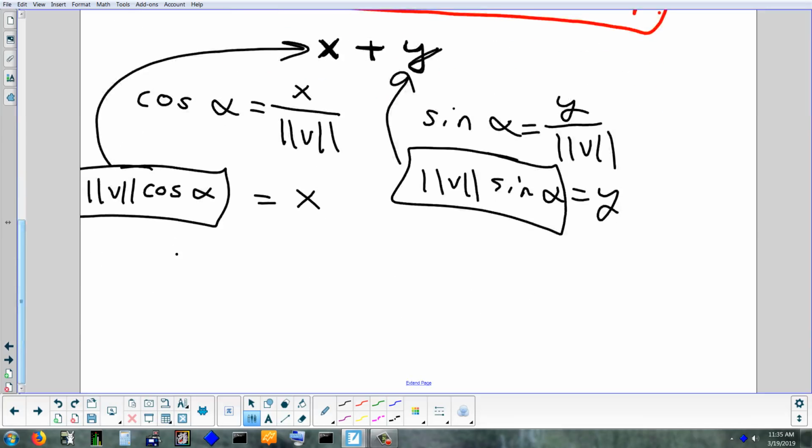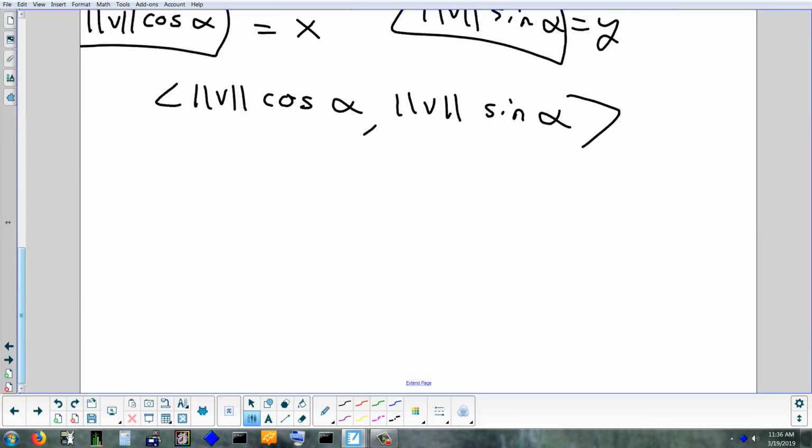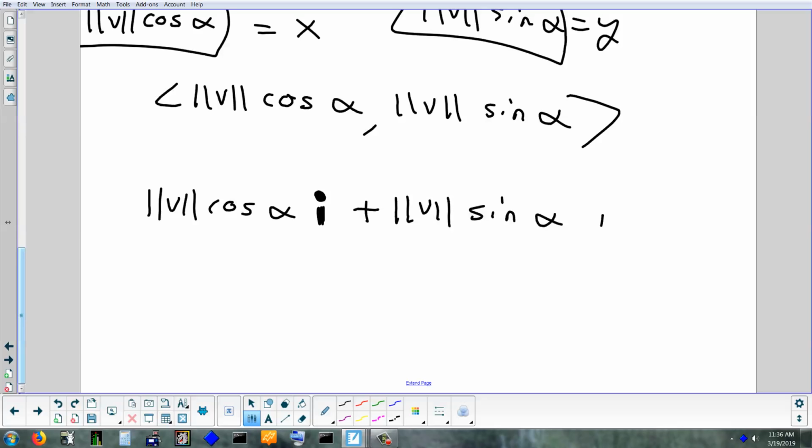There are two ways you can write it. You can write it as horizontal component, comma, vertical component. Or if you don't want to write it that way, you can write it with the i and the j: magnitude of v cosine alpha, and you put that number in front of the i, plus magnitude v sine alpha, and you put that number in front of the j.